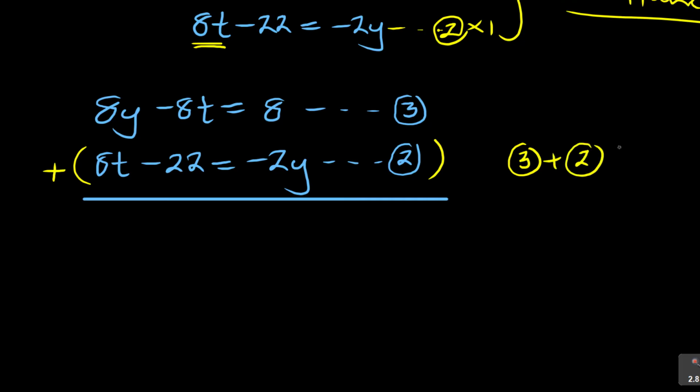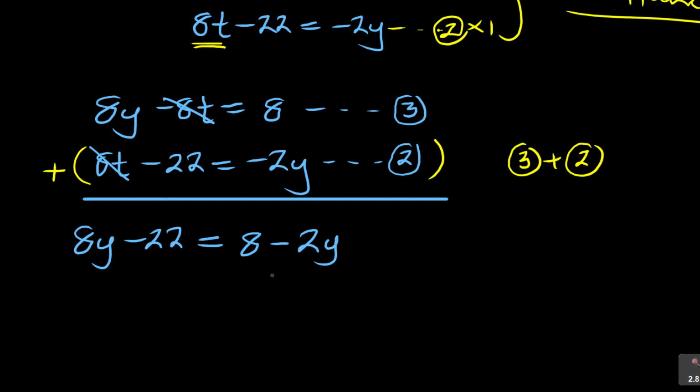So I'll have 8y, then minus 22 remains, but this will cancel out: minus 8t plus 8t cancels out. On the right-hand side you have 8, then minus 2y. You see how everything went.